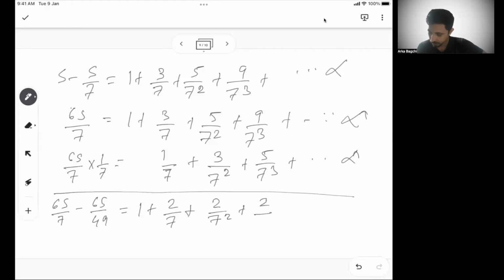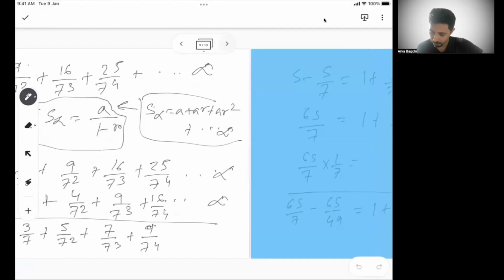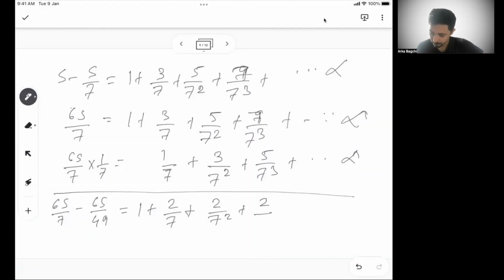This is 2 by 7 cube, sorry, 7 cube, my bad. And so on till infinite. Okay. Now, because 3 by 7 minus 1 by 7 is 2 by 7, 5 by 7 square minus 3 by 7 square is 2 by 7 square, 7 by 7 cube minus 5 by 7 cube is 2 by 7 cube.